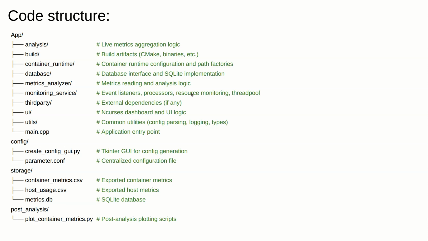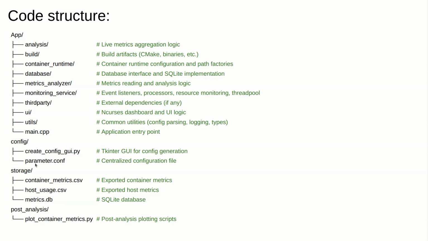And this is where we have the fundamental logic. We have the thread pool where multiple threads can be created, and we can tune how many containers we want to monitor per thread. I will explain that going forward. This is the config folder where we have, as of now, a tcontainer UI for creation of the parameter.conf.